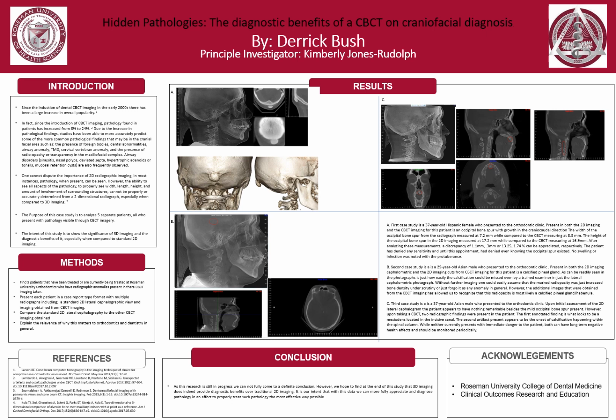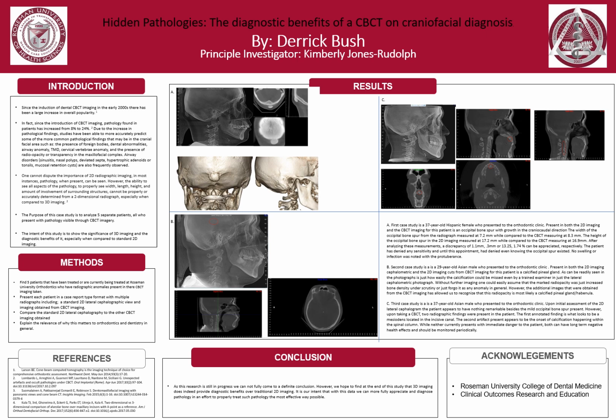And then finally, on our third case, case C, which is the top right under the results, we have a 37-year-old Asian male who again presents to the orthodontic clinic. Upon initial assessment of the 2D lateral ceph, it appears that there really isn't anything remarkable besides a mild occipital bone spur again, but nothing much more than that.